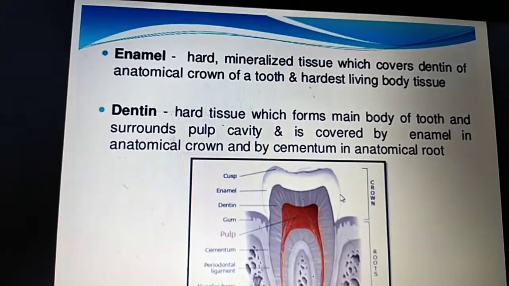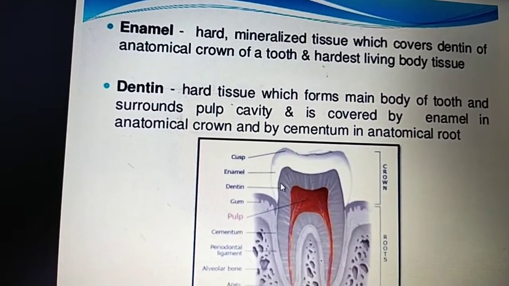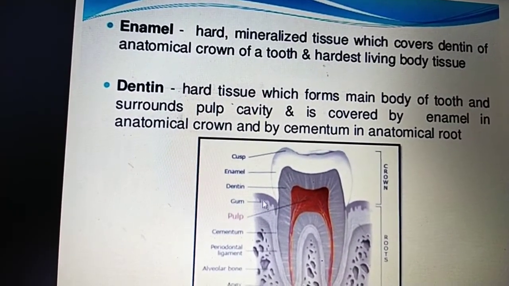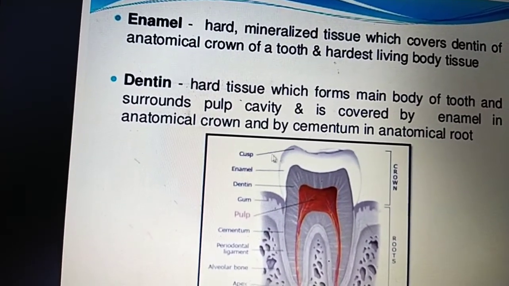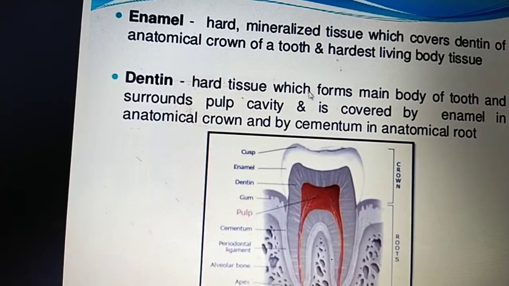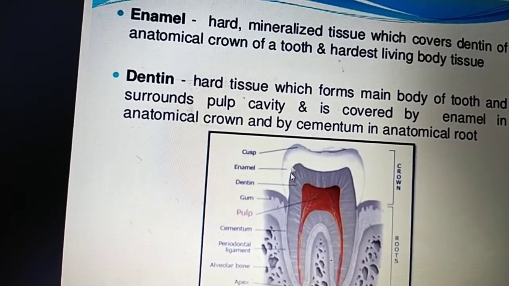Okay, and it is a highly mineralized substance. It is the substance that covers the anatomical crown of the tooth, and it is the hardest substance in the body, and it is somewhat translucent.